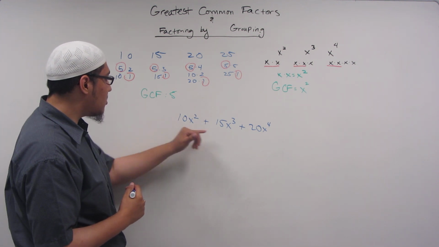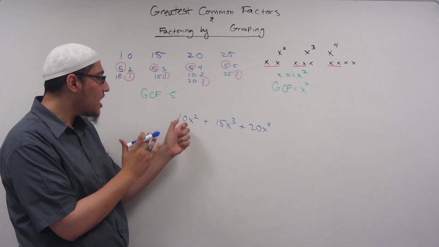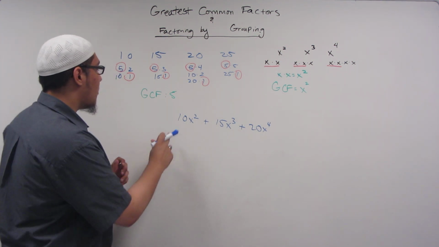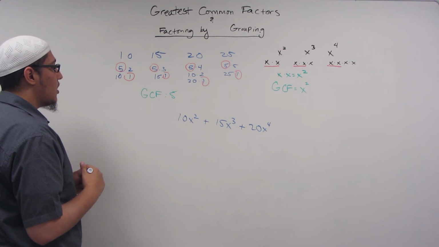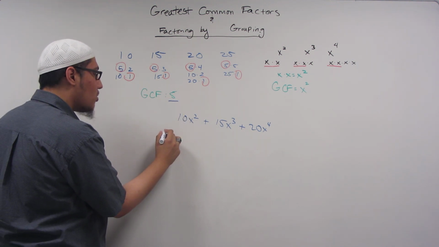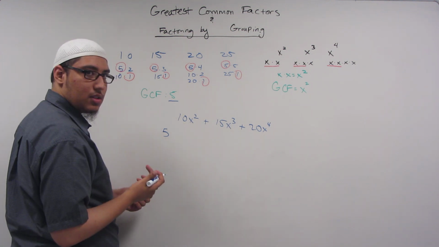Well, the idea is that first you pull out a greatest common factor from the numbers, and then you pull out a greatest common factor from the variable terms. From the numbers 10, 15, and 20, it seems that, from before, 5 is the greatest common factor. So what we will do, essentially, is divide out a 5 from all of the numbers.